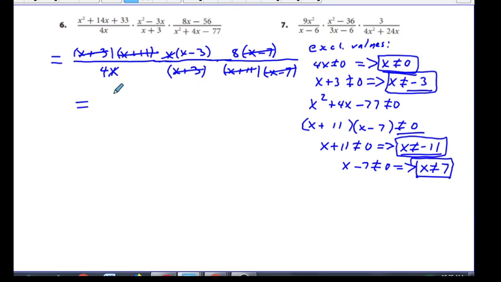And what do we have left? All we have left is, no, 8 times x minus 3 over 4. And 8 over 4 cancels to become 2. So we end up with 2 times quantity x minus 3.